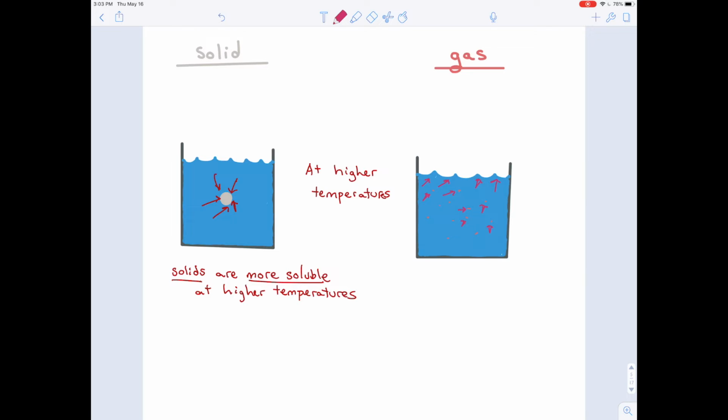And whenever the bubble hits the top of the water, it pops. So at higher temperatures, bubbles will reach the top of a liquid more often, and they'll pop, and the gas will be less soluble. So gases are just the reverse of solids. Gases are less soluble at higher temperatures.